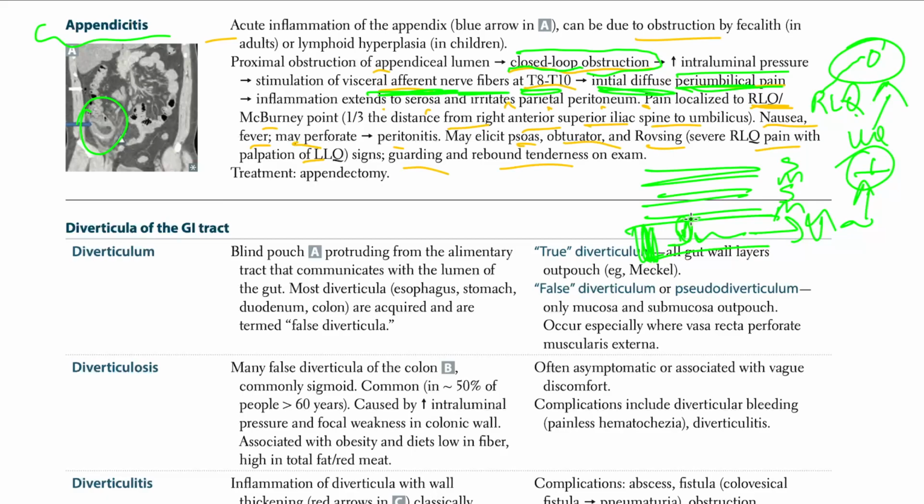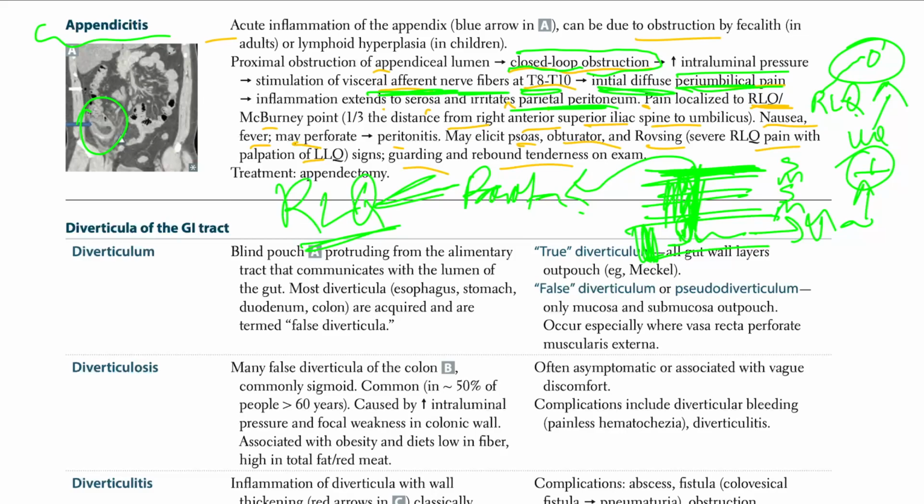But as soon as that inflammation touched the serosa of the appendix, now you irritated the parietal peritoneum, and that parietal peritoneum is specific to a location, which is your right lower quadrant.